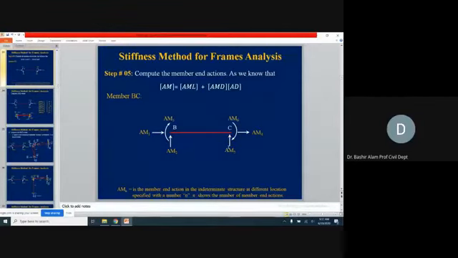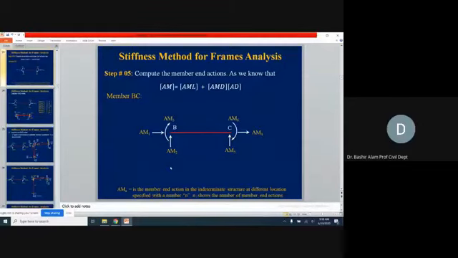If somebody asks you that already we found this AM1, 2, and 3 for member AB, for whatever member end actions we have at B now for member AB, that is going to be the same magnitude for BC member at joint B, but in the opposite direction.